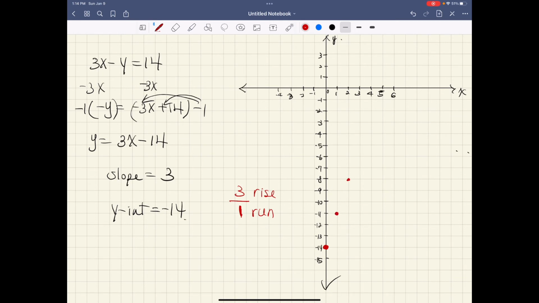Repeat that again, and connect the points. Okay, this is how you graph it by using slope-intercept form.